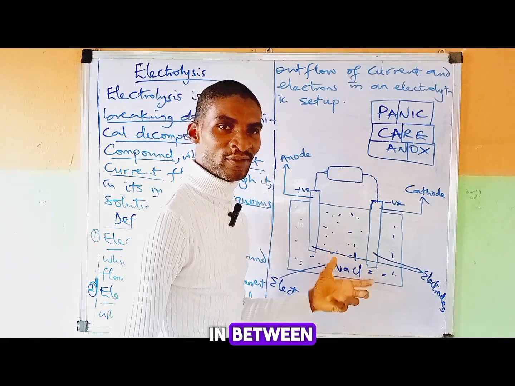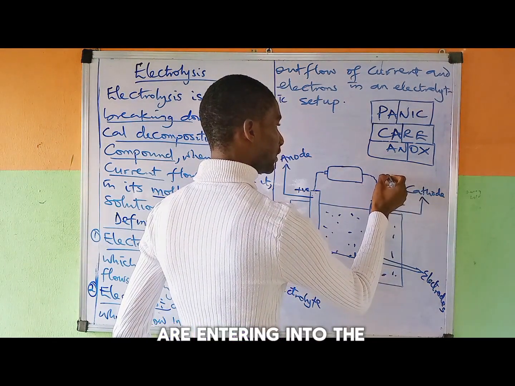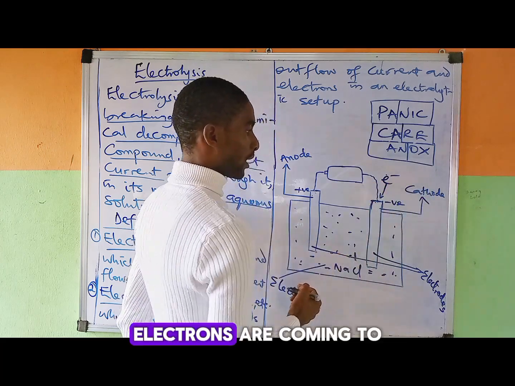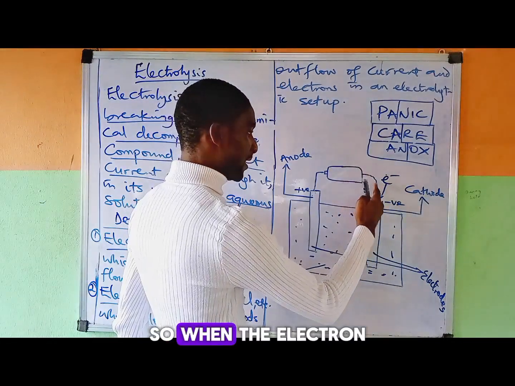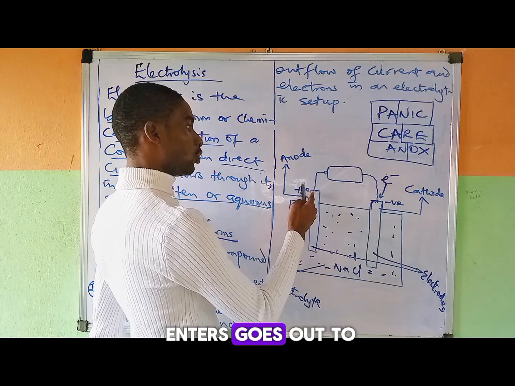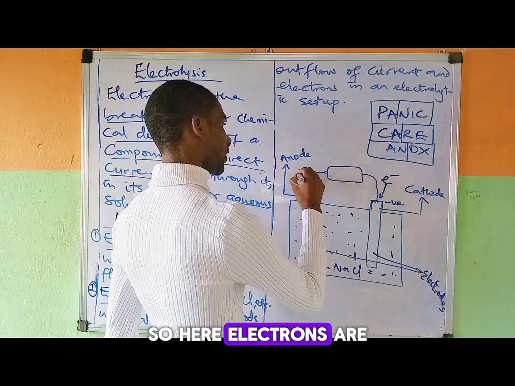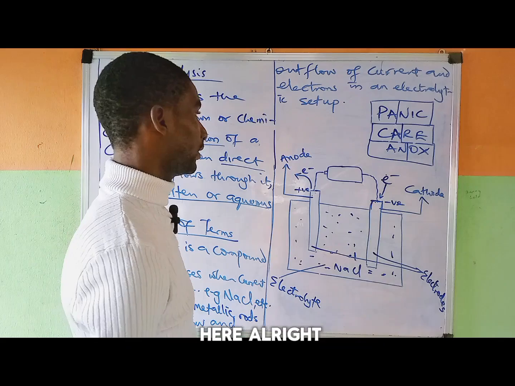And what is that negativity? Electrons. So electrons are entering this cell through here, coming from the battery of course. When the electrons enter, they go out through the anode.